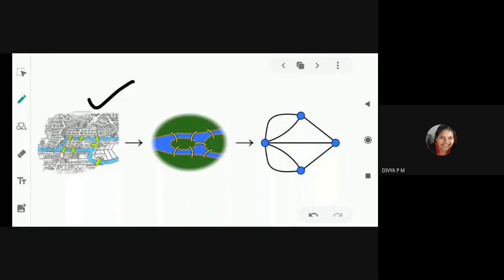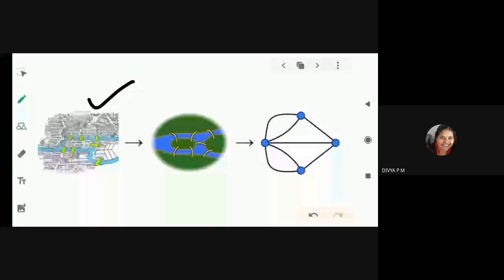See, before that, let me tell you, almost all the problems in graph theory start with simple puzzles. And this is a puzzle which was famous in that period when Euler attempted it. Many were trying to crack this puzzle.